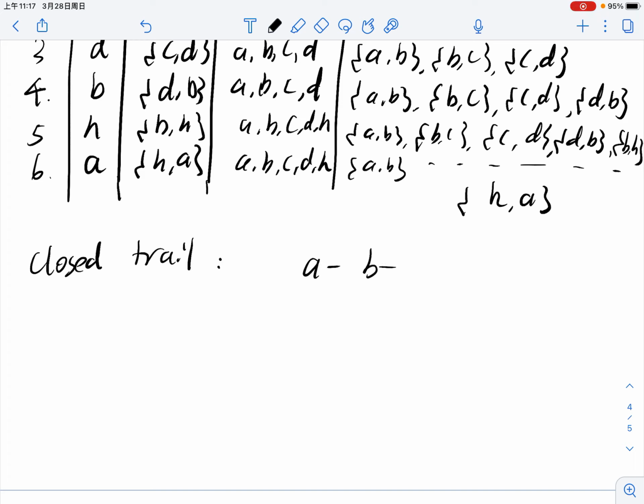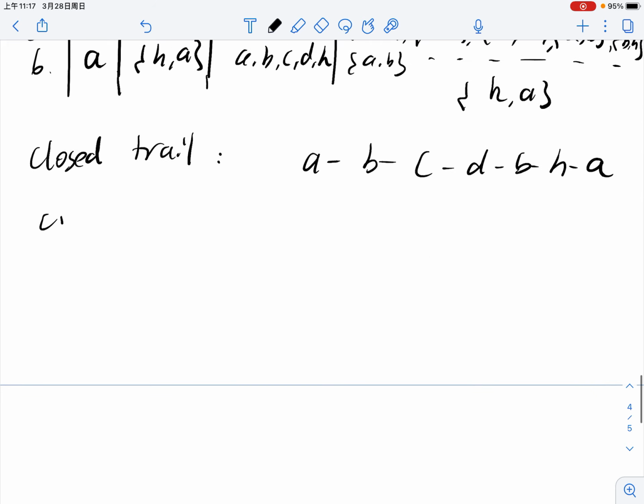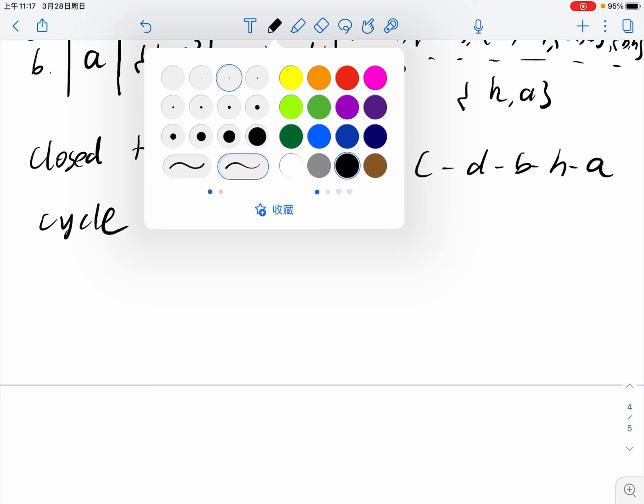A to B to C to D to B to H to A. And how to get a cycle? Because you see here B appears twice, you can delete all the edges between these two repetitions.